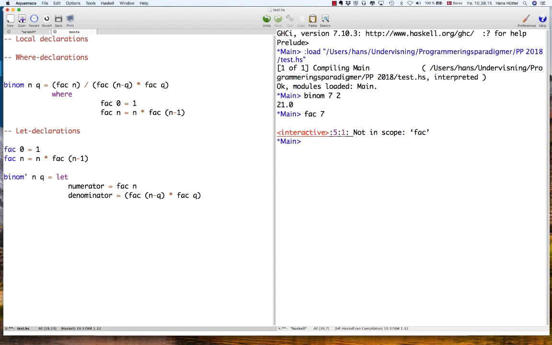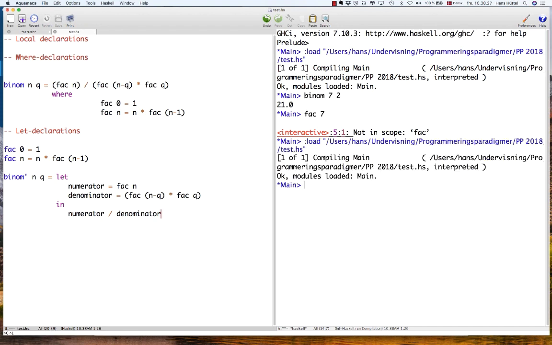And then we write let that in numerator divided by denominator. Let's give this to Haskell. Haskell's happy. And what is the binom prime of 7, 2? Hopefully it's 21. And look, it is 21.